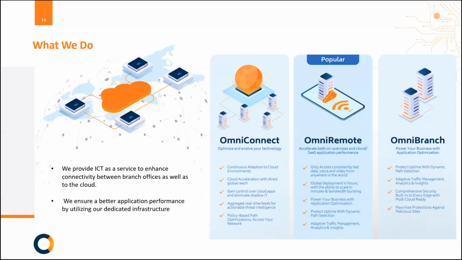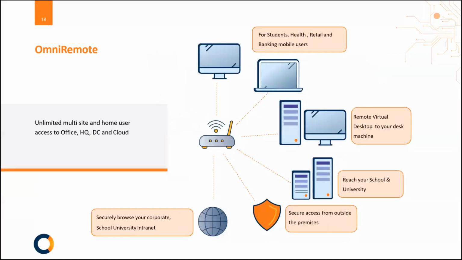This is how we provide you, if you want to have a dedicated pipe between two different locations, because you have very highly critical applications, or I have a lot of users accessing this, so you need to enhance the performance. We have our own network across the globe that we can provide you and give you the means to enhance and on-ramp your journey to the cloud.